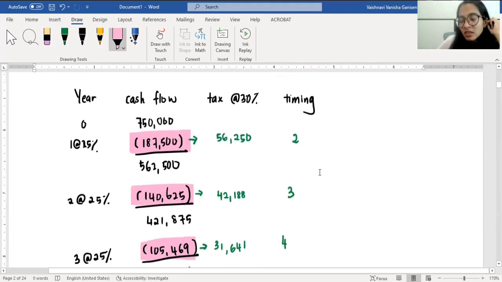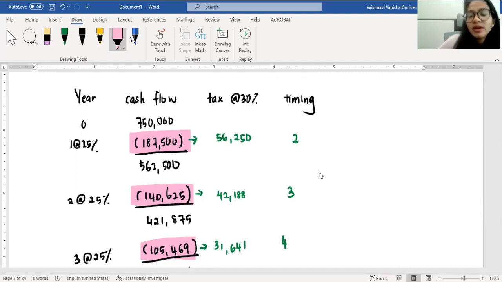Actually, it's just depreciation. But the reason you call it tax allowable depreciation is because you get a tax benefit on the depreciation amount. That's why it's called tax allowable depreciation.